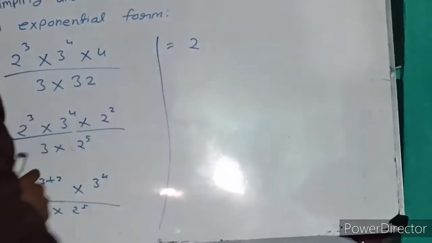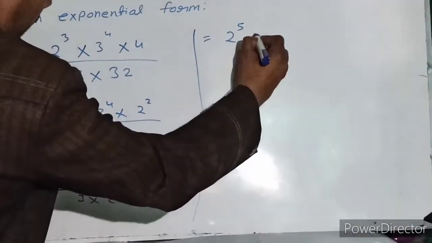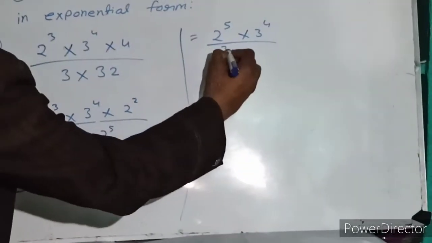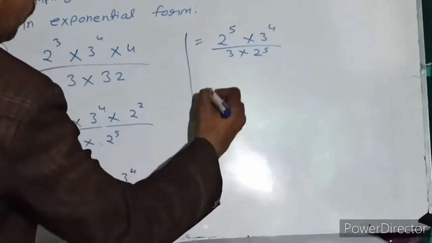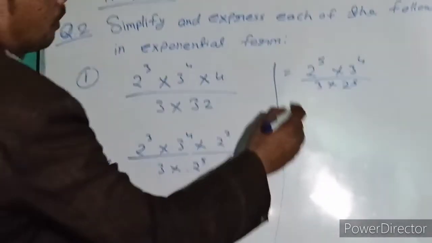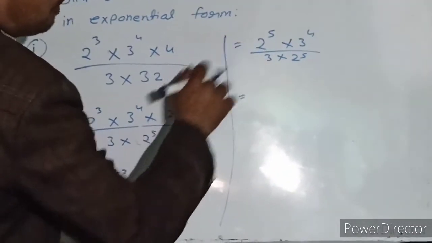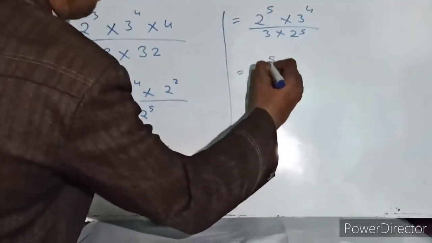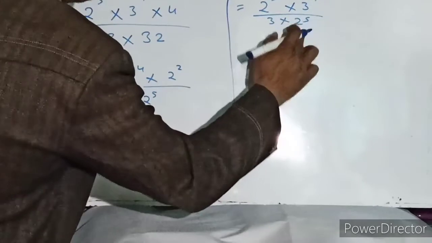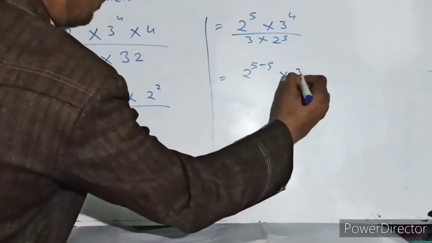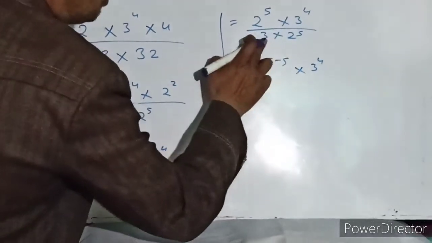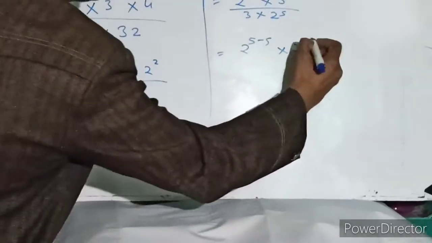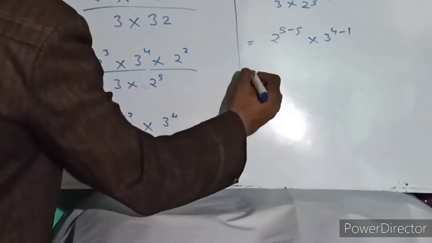Now 2 raised to the power 5, 3 raised to the power 4, upon 3 into 2 raised to the power 5. Since they are in division form, we can write them like this: 2 raised to the power 5 minus 5, 3 raised to the power 4 minus 1. Here there is no power written, which means the power is 1.